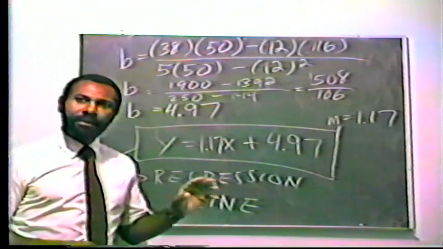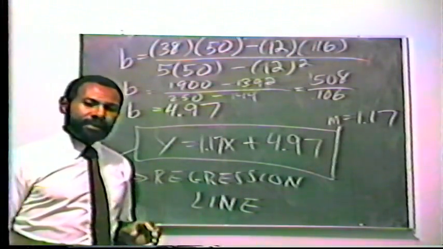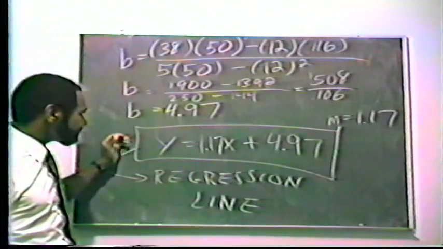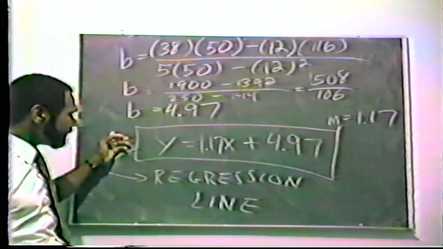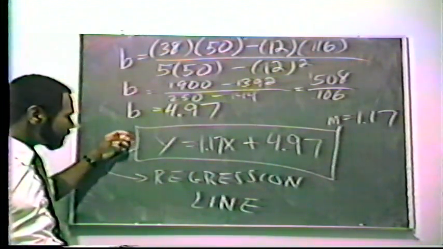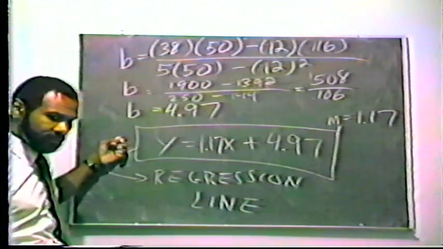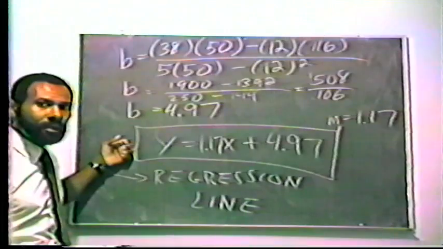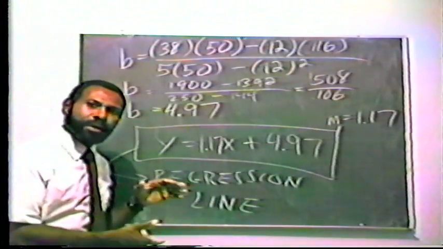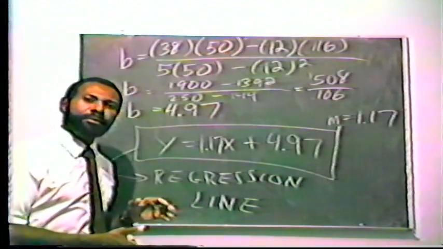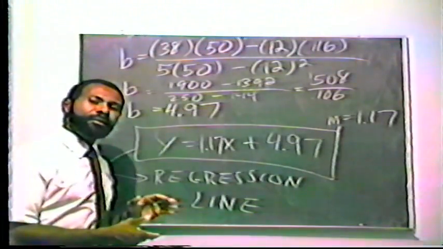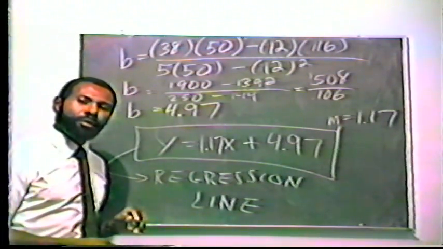But based on this line of best fit, this regression line equation, we can predict what the length of the spring would be if we put a weight of 25 pounds on the spring.